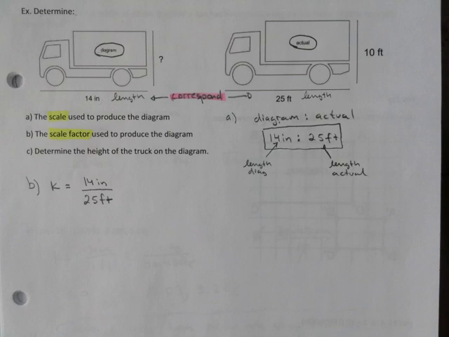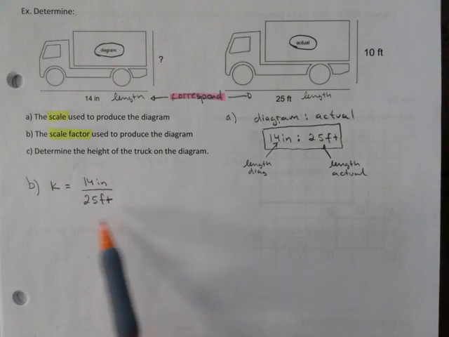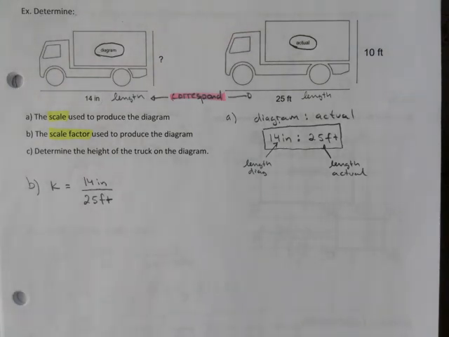Inches, feet, not good. So I'm going to ask you to turn that into a scale factor. Just keep it as a fraction, right? Do some converting, clean it up, and get me that scale factor. I know you're capable of doing that. I'm going to give you a minute or two to do that.